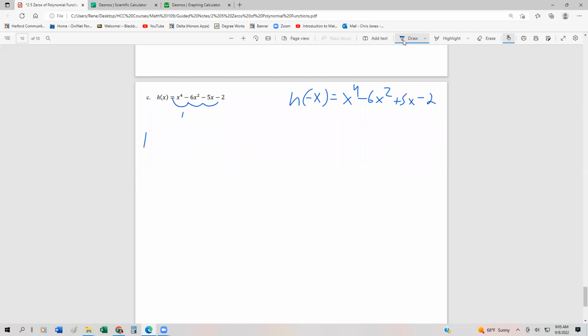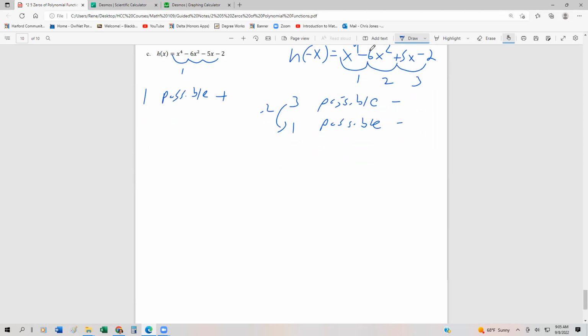There's going to be one possible positive. Over here, we have one sign change, 2 sign changes, 3 sign changes. And so there's 2 outcomes that could happen. We could have 3 possible negative zeros, or if we subtract 2, 1 possible negative zero.